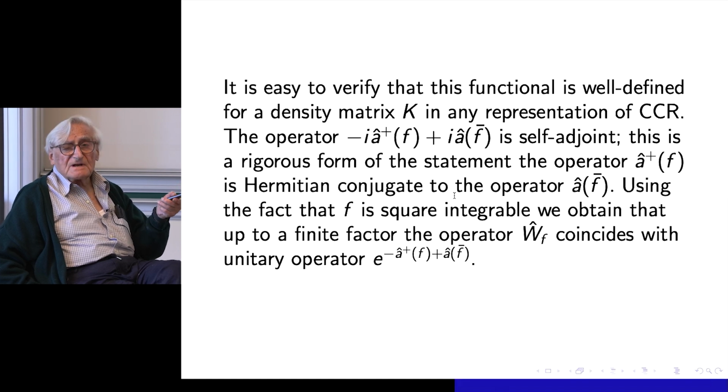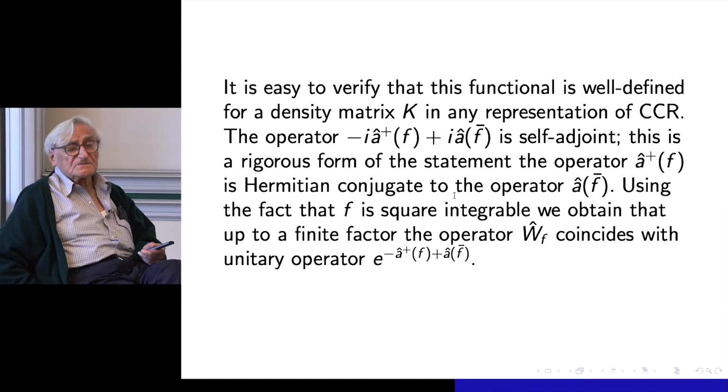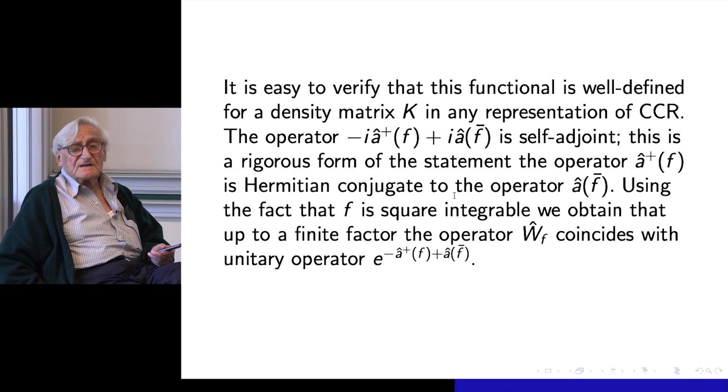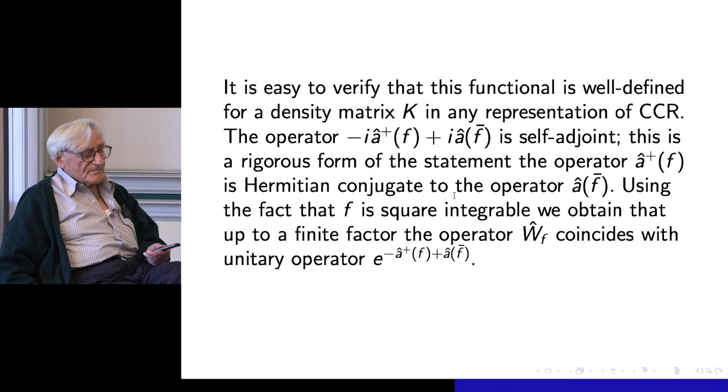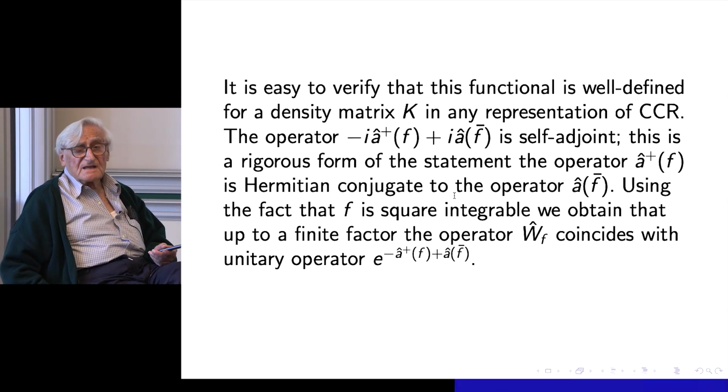Remember that they were defined in terms of P and Q, which are assumed to be self-adjoint operators. And when you go to A star and A, you get Hermitian conjugate operators.